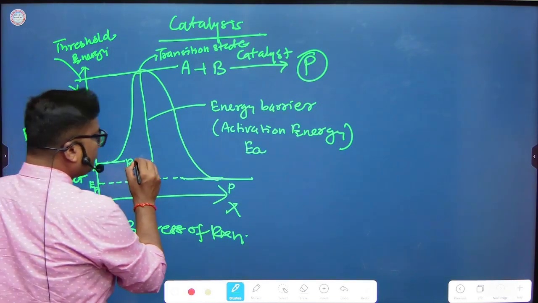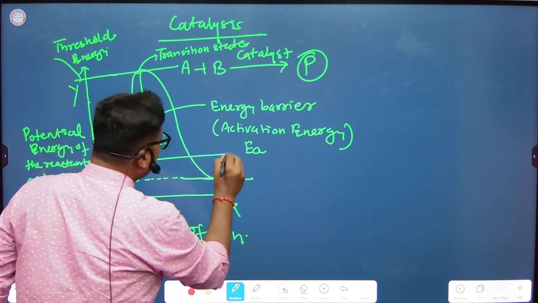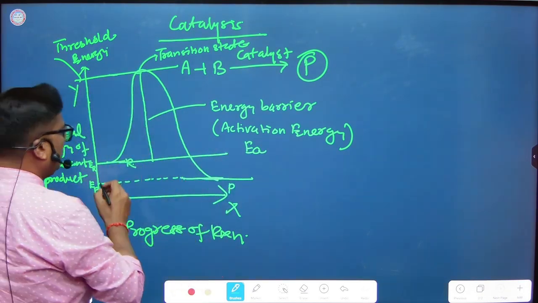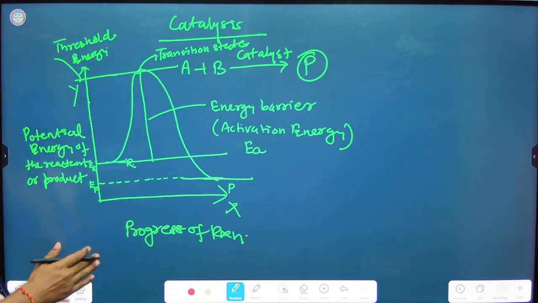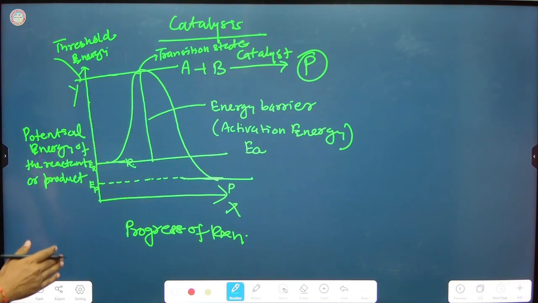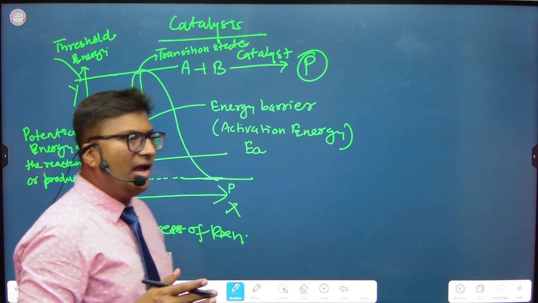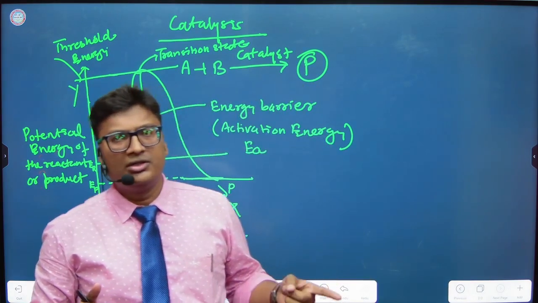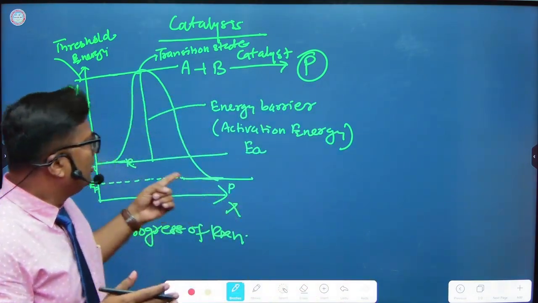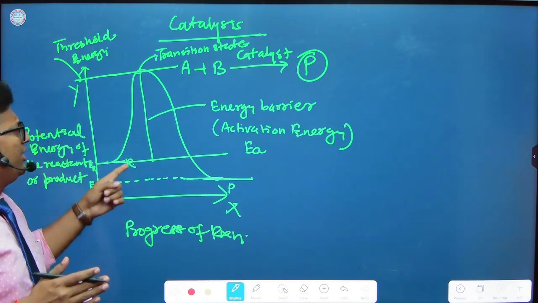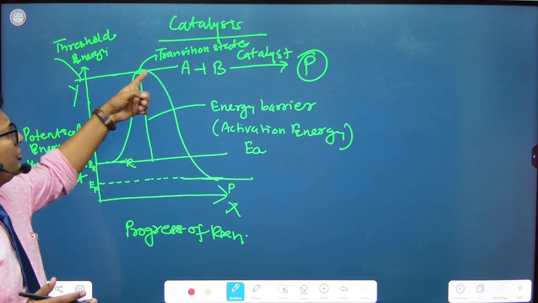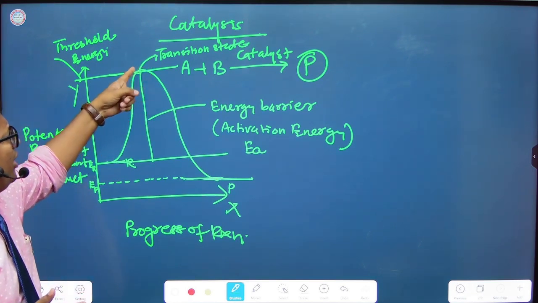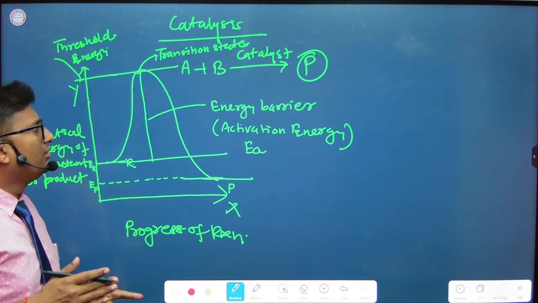Now, all the reactant molecules do not have sufficient kinetic energy, or simply you can say energy, so that they can reach this point, that is the threshold point.